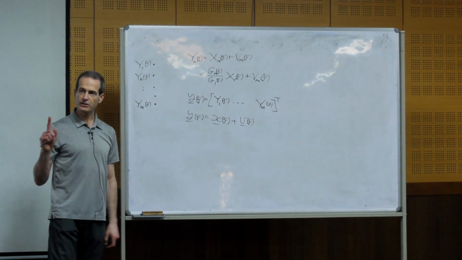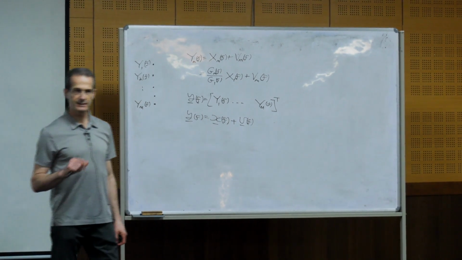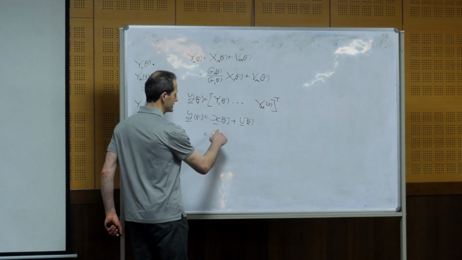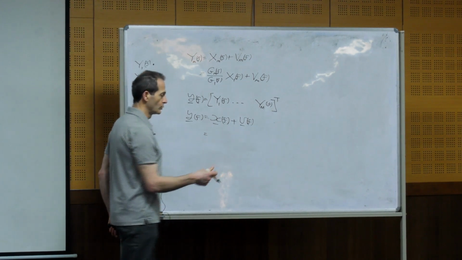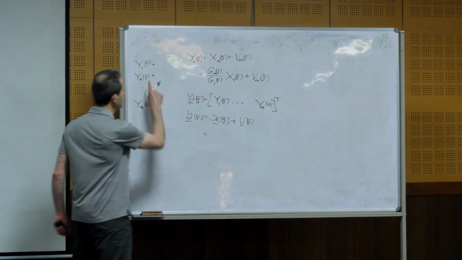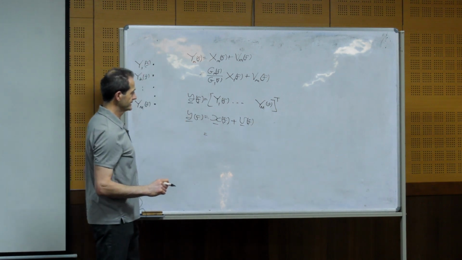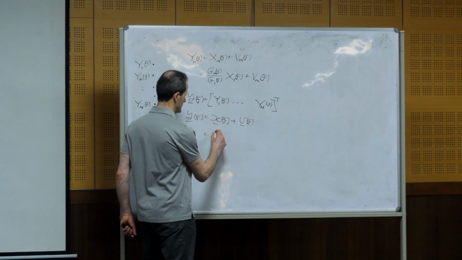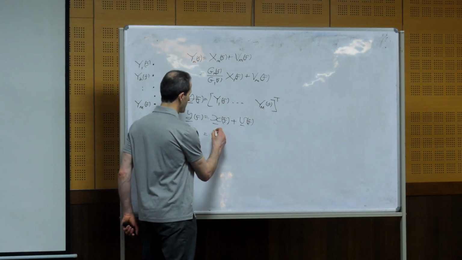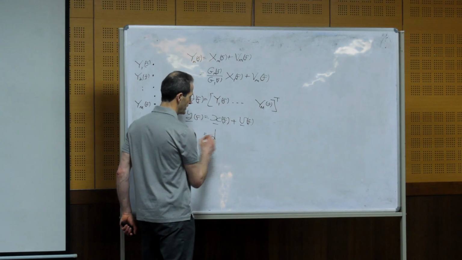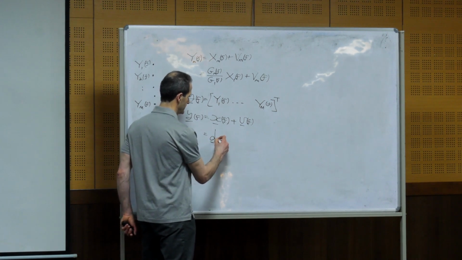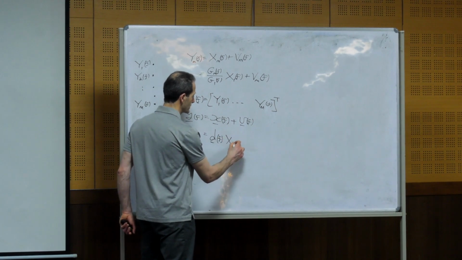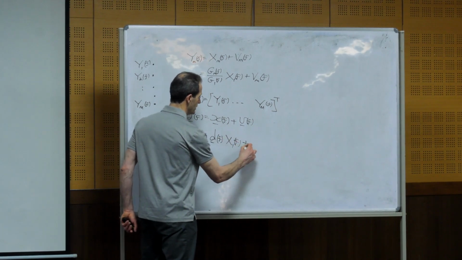But the advantage is that we can write it in such a way that it is related to the desired signal in the reference sensor, as D, which is a vector, Df, multiplied with a scalar, x1f, plus vf.